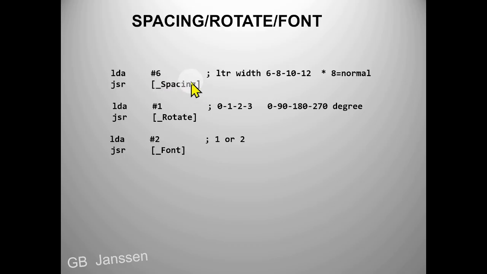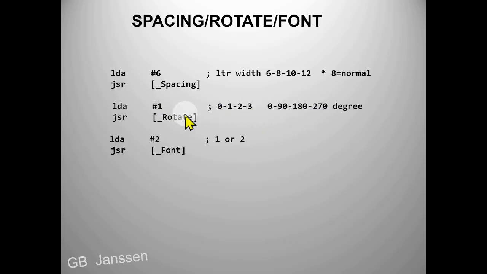Let's say you run your program, you change it to 6, and you reload another program without reloading the letters program. The default is now 6 until you change it. It just stays internally at that until you change it. Same way with rotate: 0, 1, 2, or 3, meaning 0, 90, 180, or 270.